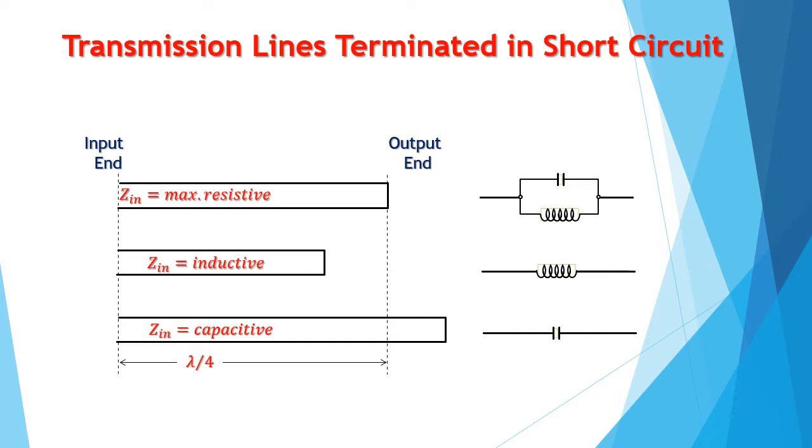If the length of a short-circuited transmission line is equal to 1/4 the wavelength of the electromagnetic wave propagating through the line, the input impedance of such a line is maximum resistive. If it is less than 1/4 of the wavelength, it will have an inductive nature, and if the transmission line is more than 1/4 the wavelength, it will have a capacitive nature.